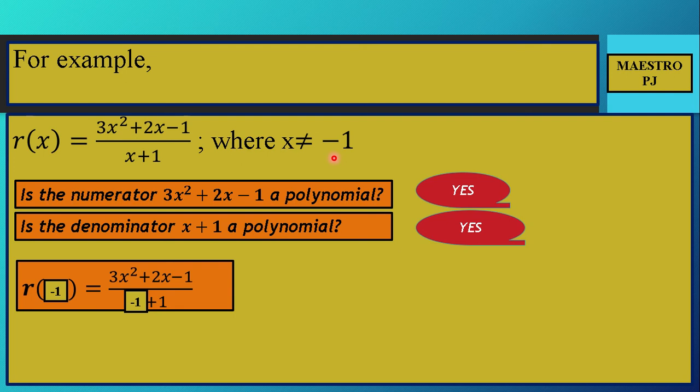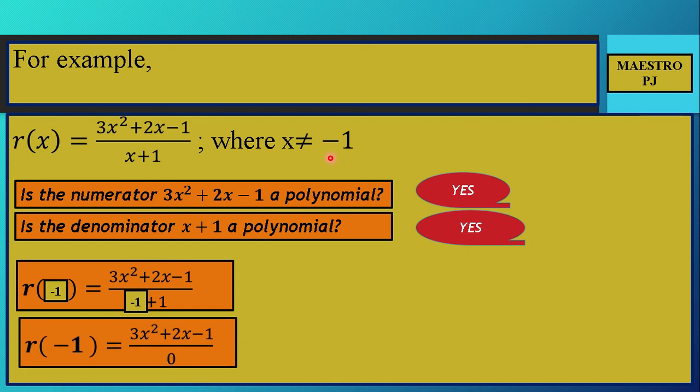And negative 1 plus 1 will result to 0. So magiging 0 ngayon yung denominator natin. So it will make the function undefined. So ang domain ng function na to ay set of all values of x except negative 1, kasi yung negative 1, yan yung magpapa-0 sa denominator.